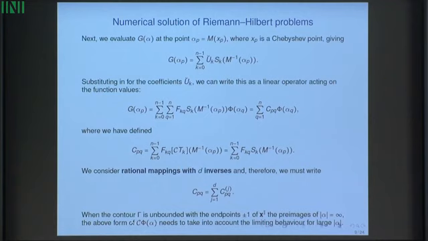Also, because our contour gamma, in our case we are solving a problem on the real axis, is unbounded and has two preimages, the two endpoints of the unit interval, we need to take into account the limiting behavior for large alpha. We need to make sure that we have the correct behavior at those points.